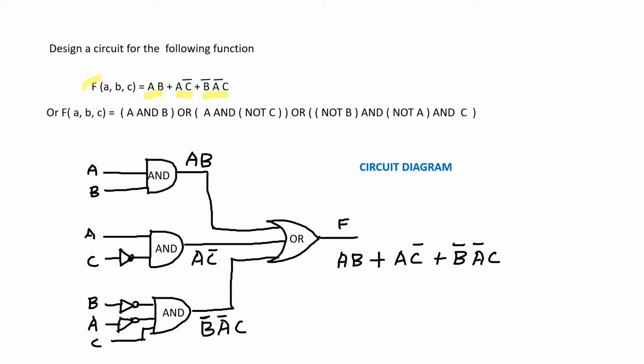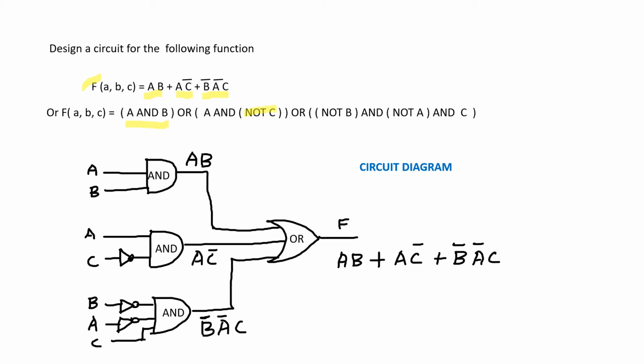The first part is written as a AND b, and an OR operation follows that. The next one is a AND NOT of c, and you can notice that NOT of c is inside a bracket, because according to the Boolean law, a NOT operation has to be performed first.